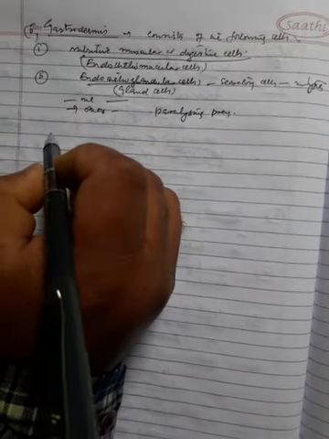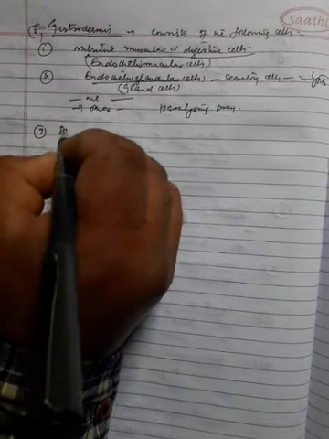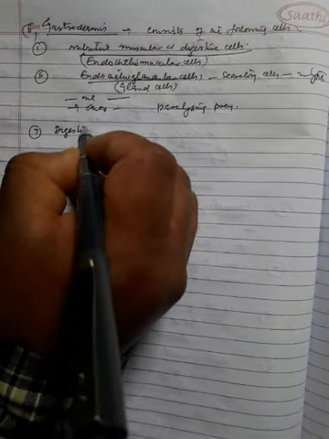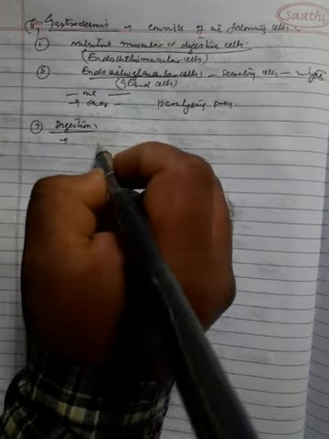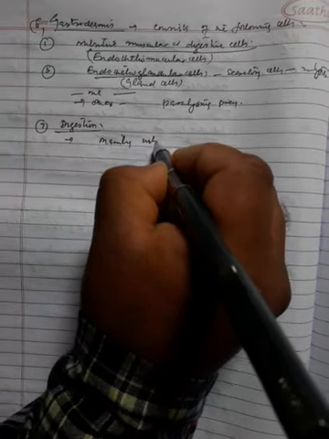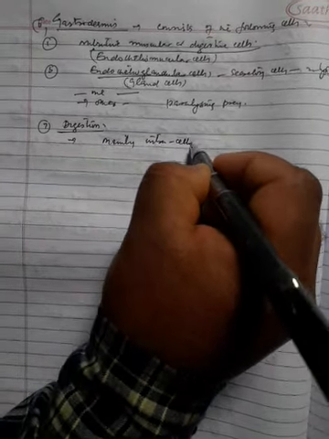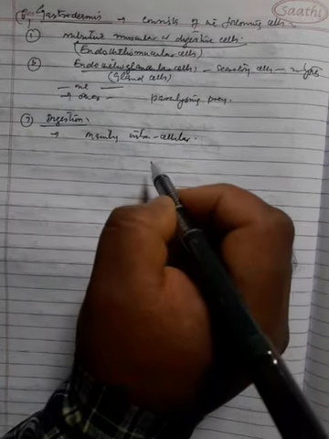Now we have another general characteristic of these cnidarians, that is the process of digestion. In coelenterates, digestion is mainly intracellular.